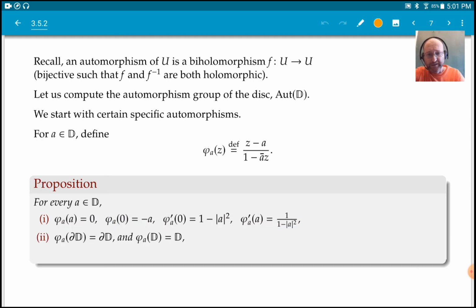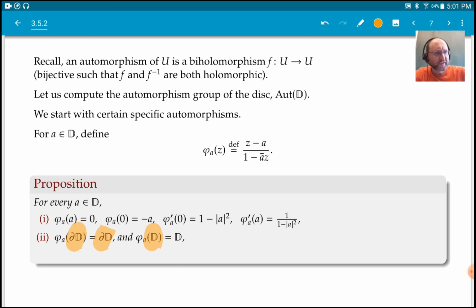Now, this mapping takes the boundary of the unit disk to the unit circle. This works for any A, and it takes the disk to the disk. Any point in the disk ends up somewhere in the disk, so it's a mapping that's onto the unit disk and preserves the unit circle.